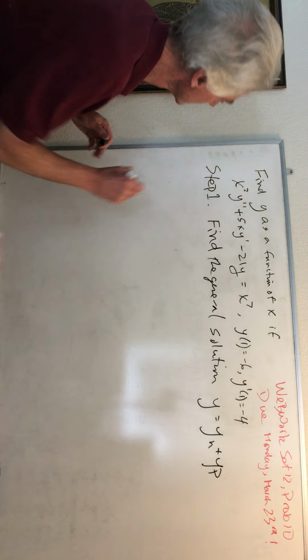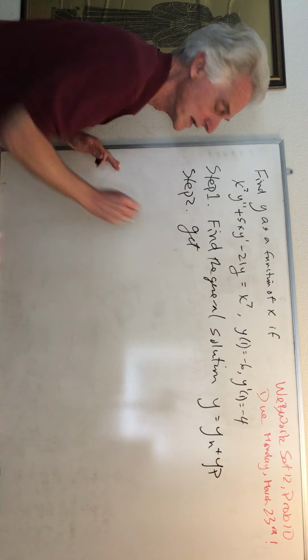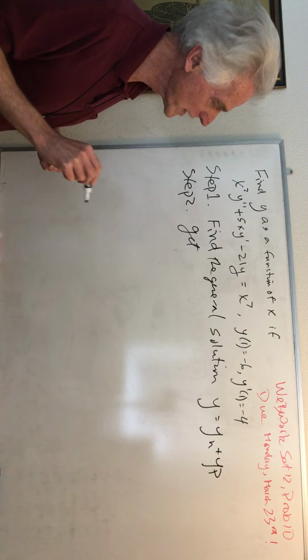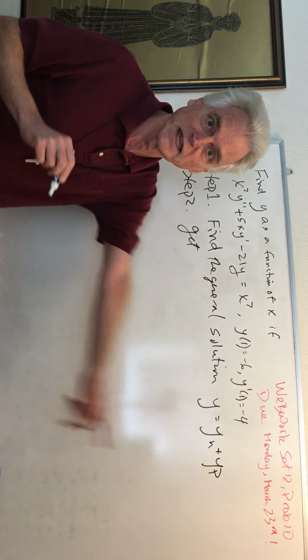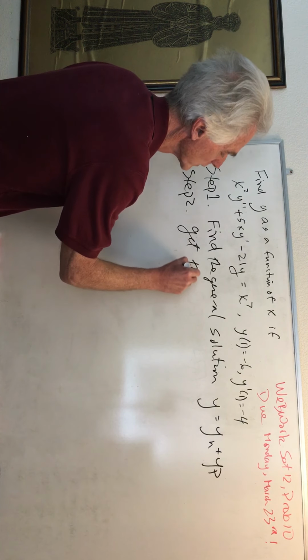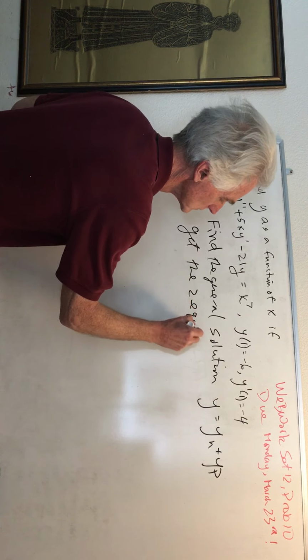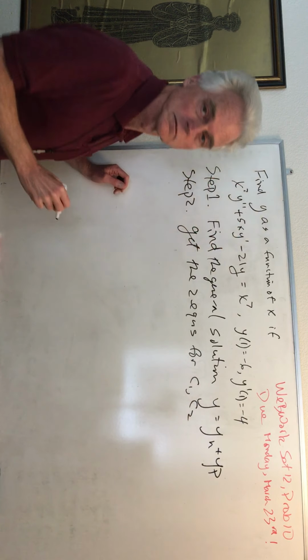Step 2 is going to be to get the two equations in the two unknowns, c1 and c2, that are part of yh. Right, yh has two arbitrary constants in it.